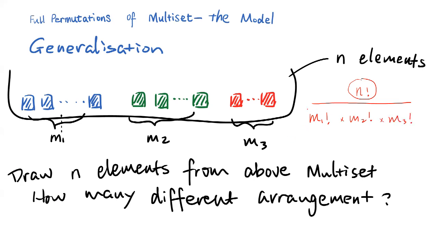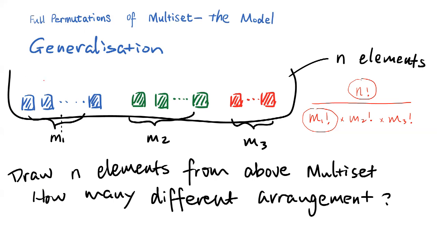Why? Because for the M1 identical elements, if we do not divide this number, that means we have enlarged the number we want by M1 factorial times, right? So M1 factorial times of the permutations are the same because the M1 number of blue blocks are identical, right?